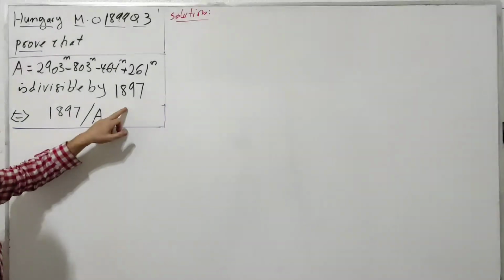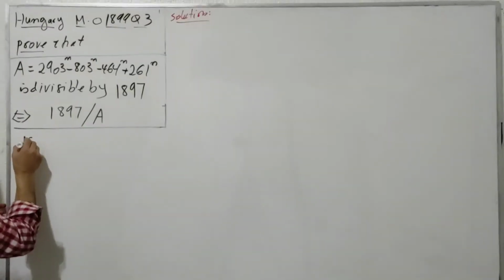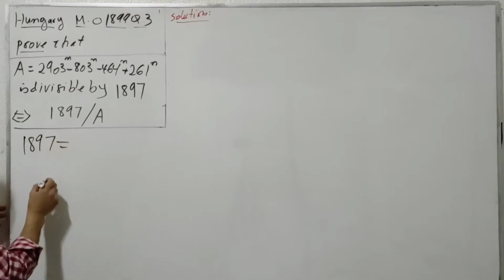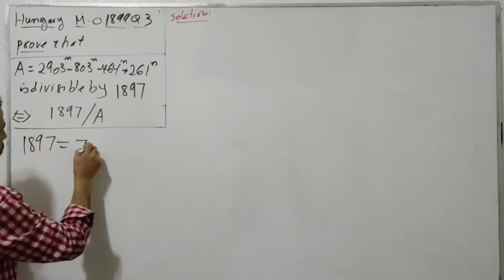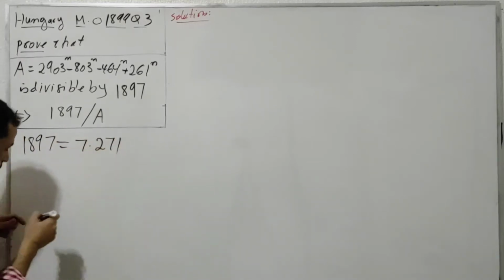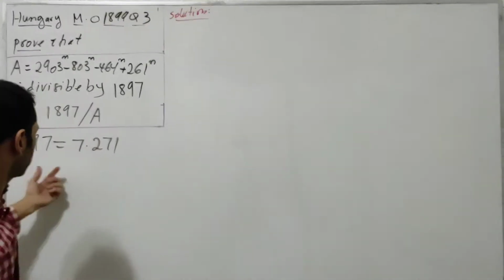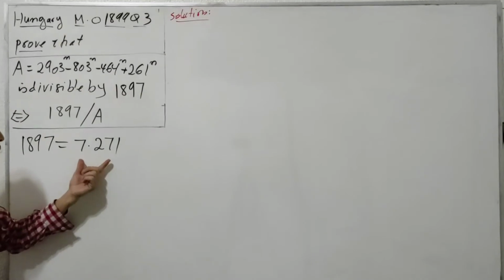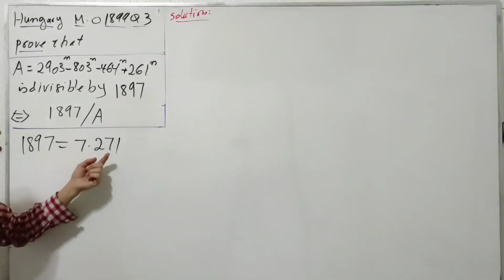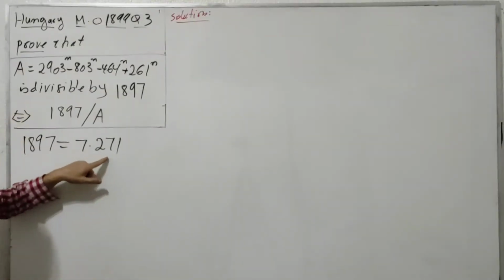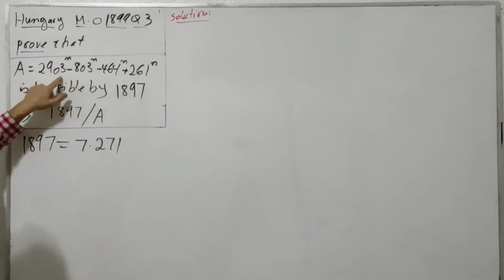So the thing that I'm trying to start with: 1897 equals 7 multiplied by 271. Okay, so 7 is a prime, 271 is a prime. So you have the prime factorization here, so the expression must be divisible by each of these primes.